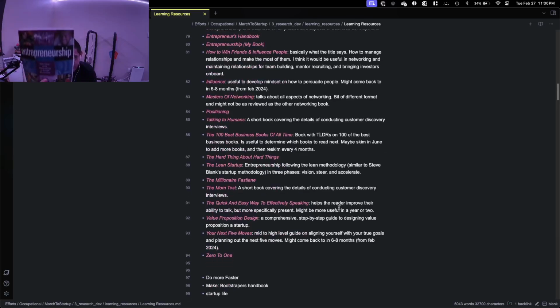Next up, we got Entrepreneurship. This is published by Pearson Prentice Hall. So it's a bit of a textbook book. What's covered in this book? Let's see. What business do you want to start? It's talking about business plan. Who are the customers? What is the marketing? How are you selling? What about customer service?